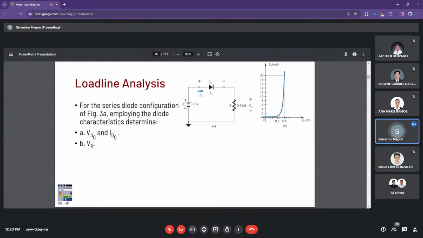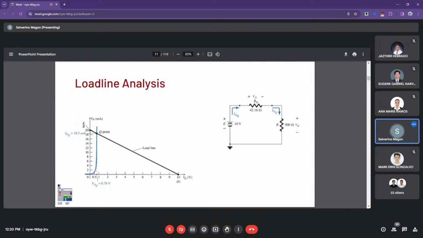We've used 0.7. So the load voltage VR is around 9.3 or lower, right? Okay, so we move on to the next examples.